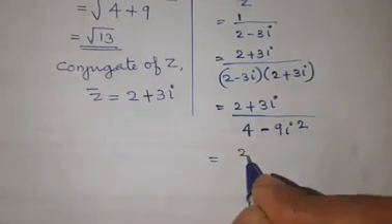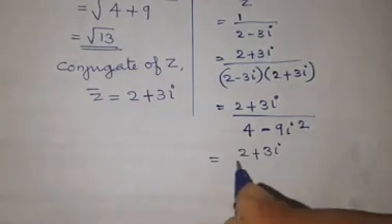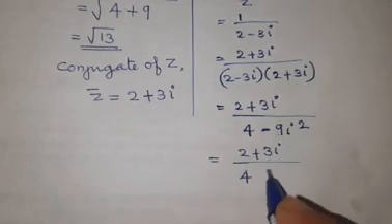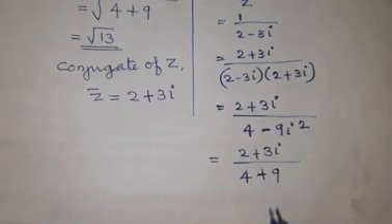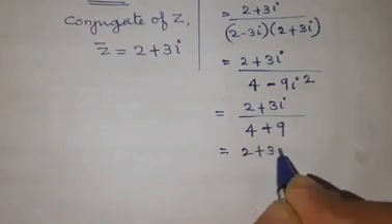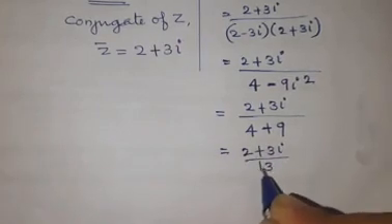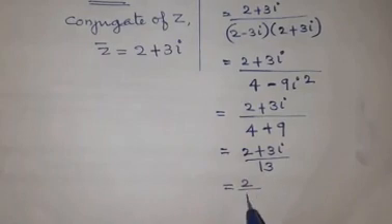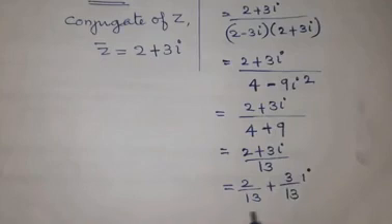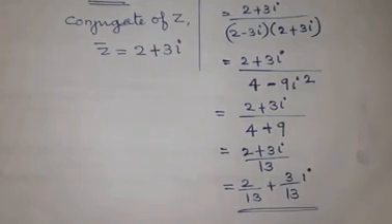This is equal to 2 plus 3i by 4 minus 9i square, minus 9 into minus 1 plus 9. This is equal to 2 plus 3i divided by 13, that is 2 by 13 plus 3 by 13 i.